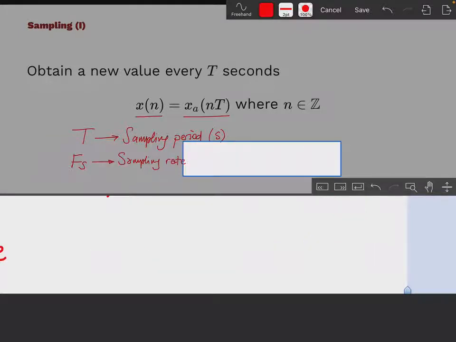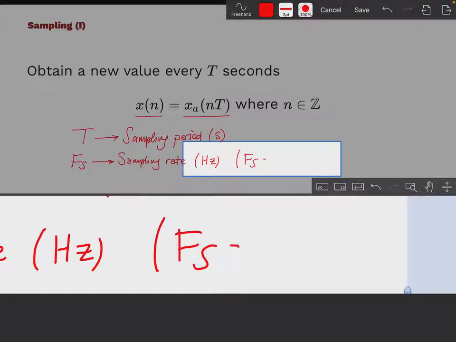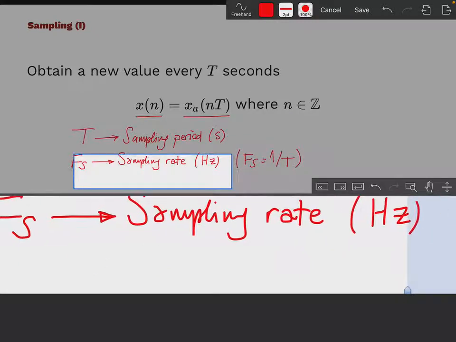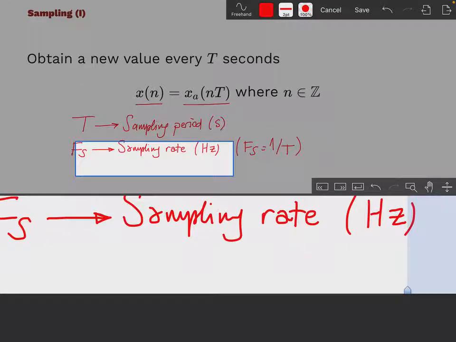Now remember, the process of looking at your signal every T seconds is a periodic process. That is why it's called the sampling frequency. We're looking at our analog signal every T seconds. That means we are using a sampling frequency which is 1 over T. So it's also called sampling rate or sampling frequency.